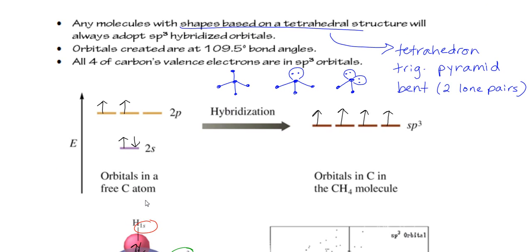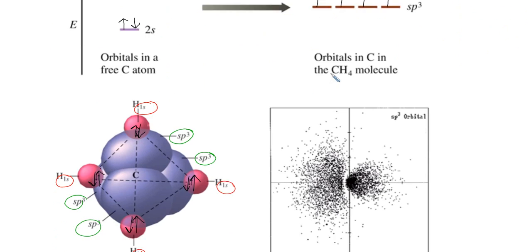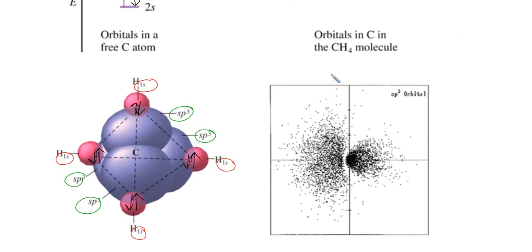These hybrid orbitals, these sp3 orbitals, are created at that 109.5 degree angle. They're all equal energy bonds, equal bond length, equal bond energy. So it's just a little different way of looking at this concept of covalent bonding, involving these special hybrid orbitals.